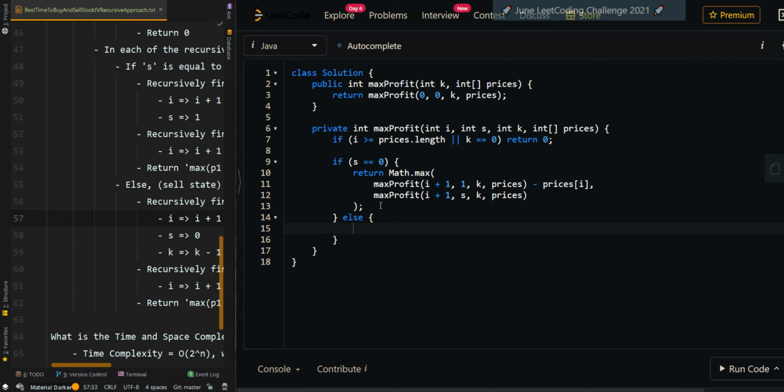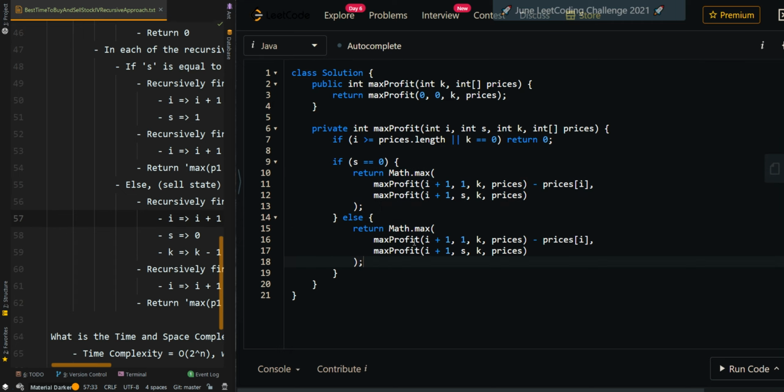Else, we're currently in the sell state. So we want to return the maximum profit between selling at the current price or skipping the current price. So if we sell at the current price, our state turns back to 0 and our number of transactions decrements by 1. And then we're going to increment by the current price. Or we just skip the current stock here.